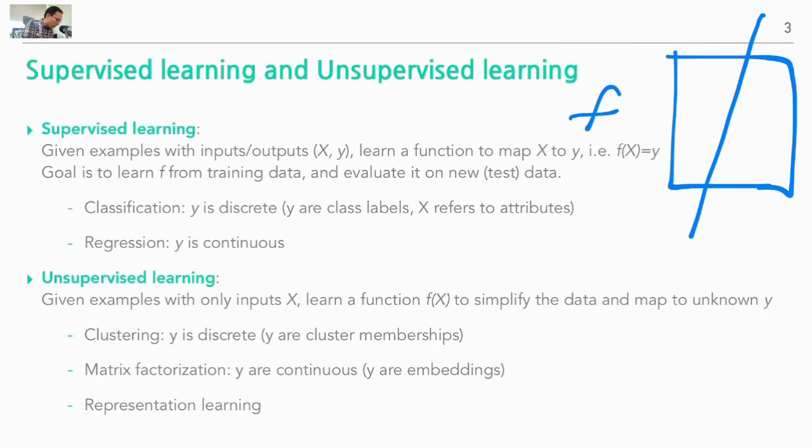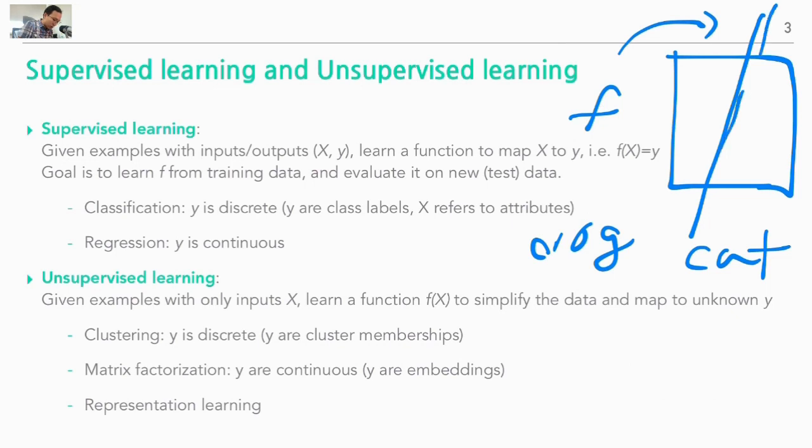And the function f is to find the decision boundary. Assume that we have two class labels, for example, dog and cat. Then the function f finds the decision boundary in this feature space.